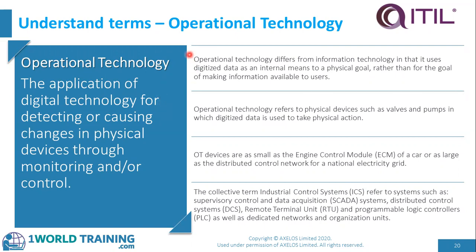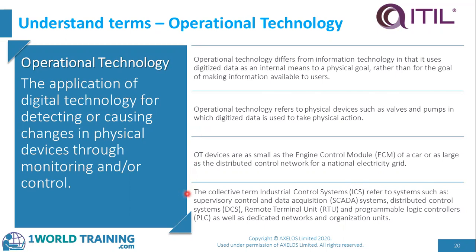Operational technology differs from information technology in that it uses digitized data as an internal means to a physical goal rather than for the goal of making information available to users. It refers to physical devices such as valves and pumps in which digitized data is used to take physical action, for example, opening a valve or closing a valve, or starting a fire alarm, or stopping a fire alarm. OT devices are as small as the engine control module of a car or as large as a distributed control network for a national electricity grid.